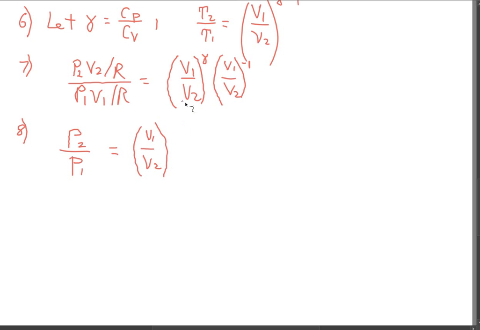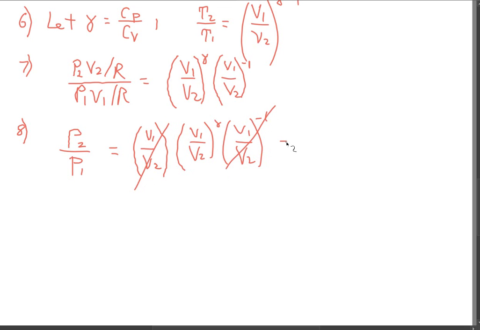And what we're going to multiply is this stuff up here, which I am simply going to rewrite. So that's going to be P1 over V2 to the gamma, and then V1 over V2 to the minus 1. And you can see that this will cancel and this will cancel.